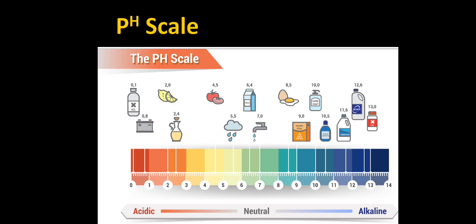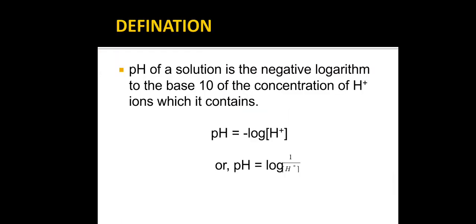According to the definition, pH is the negative logarithm to the base 10 of the hydrogen ion concentration present in the solution. So pH is equal to minus log of H plus. The other question is, why do we represent the hydrogen ion in terms of pH?